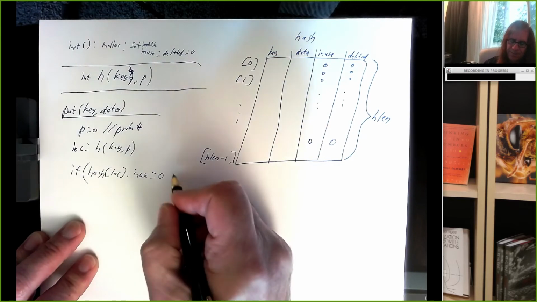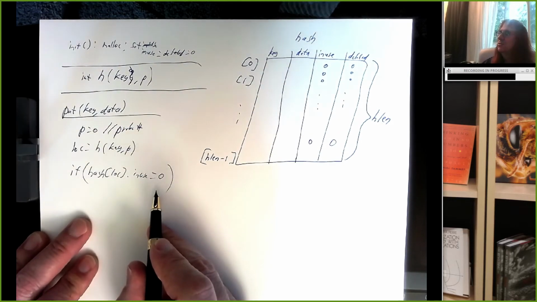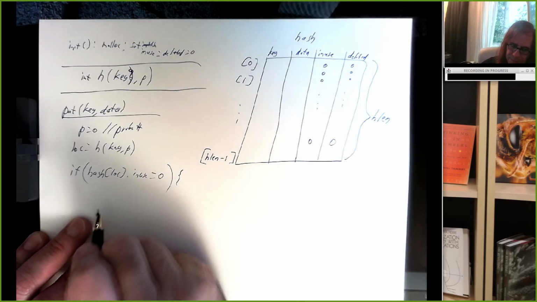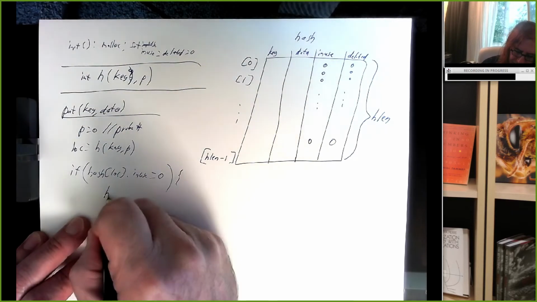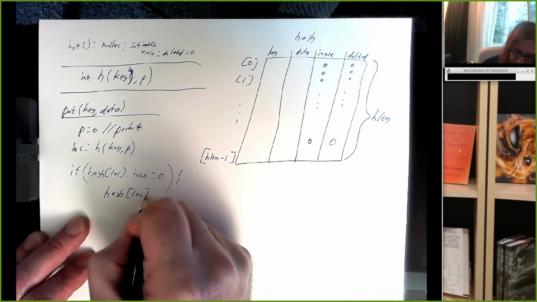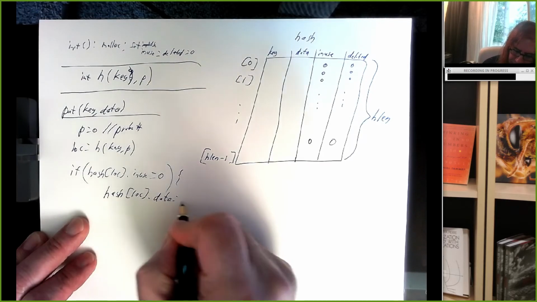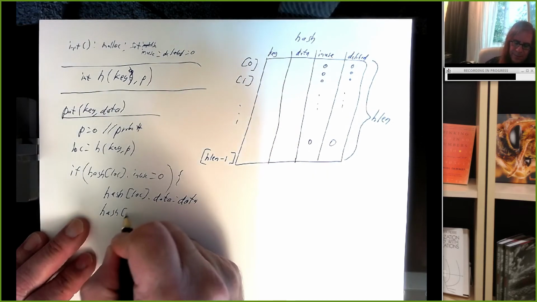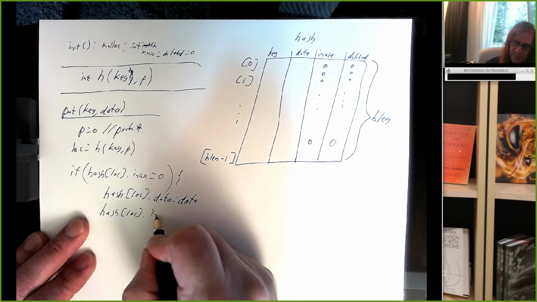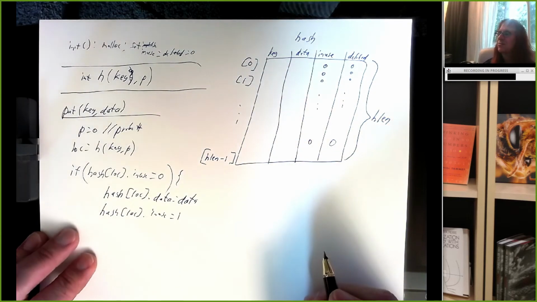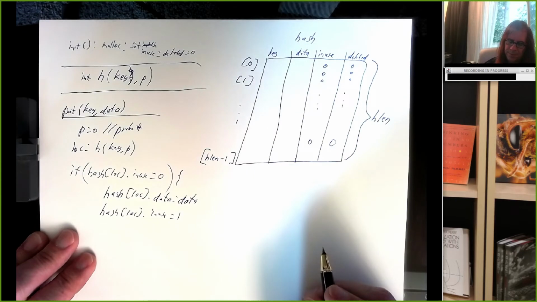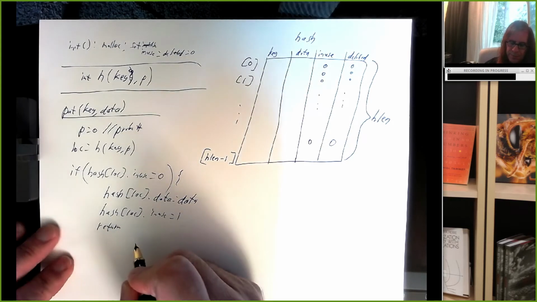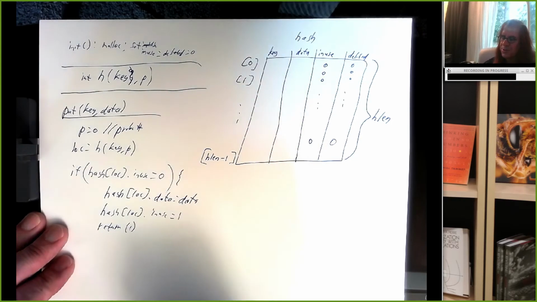And then if that location in our hash table is not in use, then we say hash bracket location data equals whatever data we want to store. We'll set the in-use flag to 1. And that should be all we need. So maybe we'll return 1 to say success.